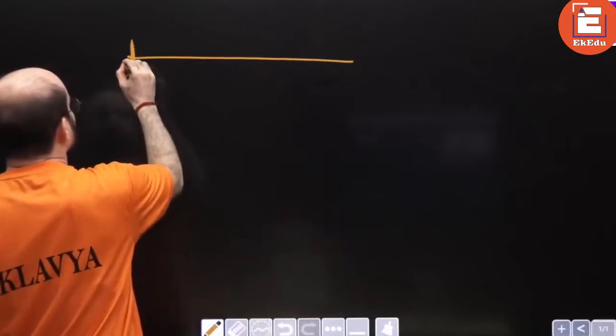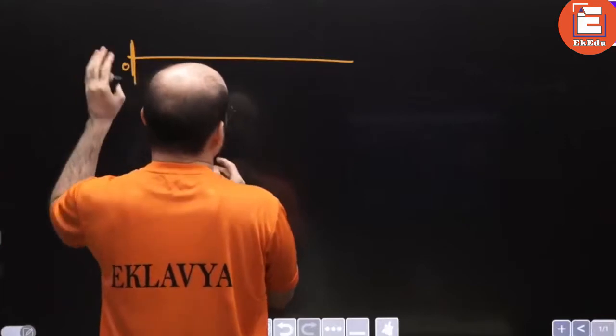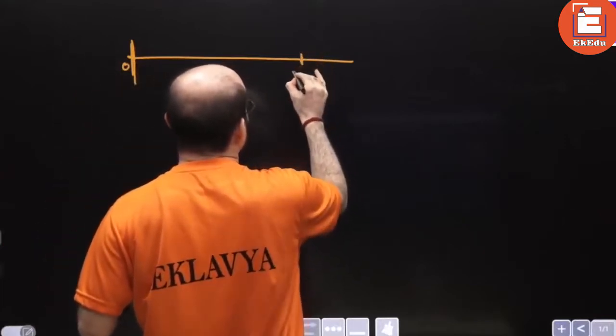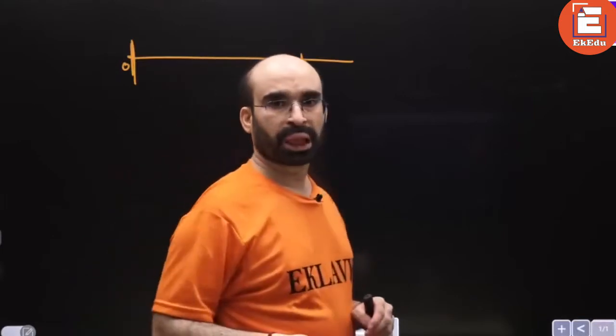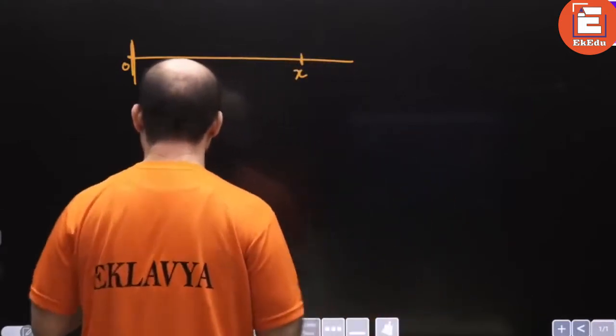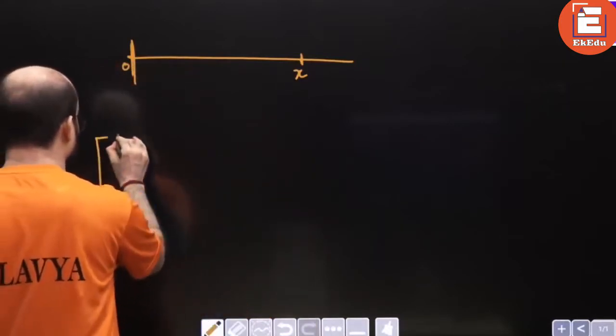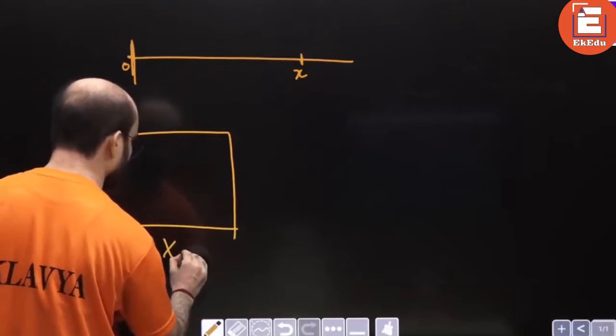So suppose this is the origin, the point where the motion of a body started. Suppose this is x, okay. When we say 2D motion in a plane, what we are actually saying is it has got x.